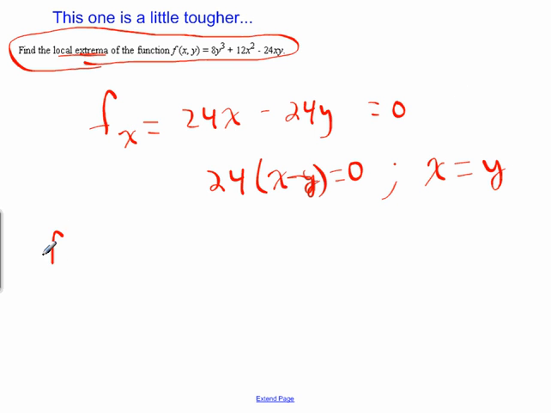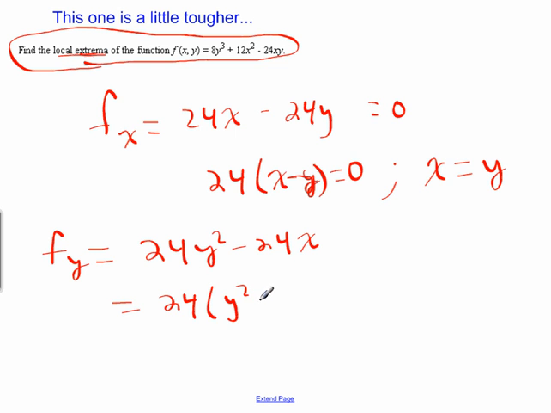And my f partial with respect to y is as follows. This will be equal to 0 as long as x equals y squared.